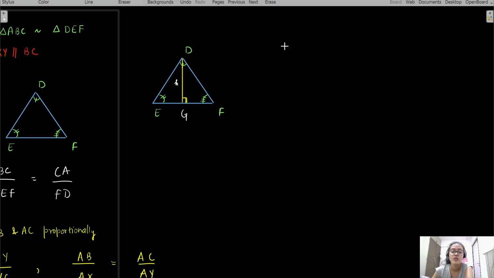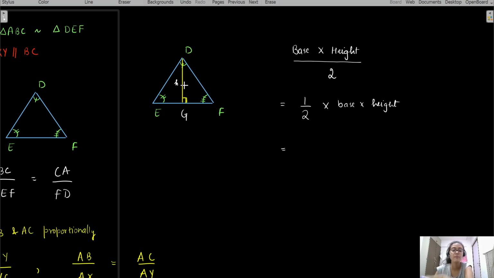Okay, so area of a triangle is given by the base times the height and divide everything by 2, or 1/2 times the base times the height.